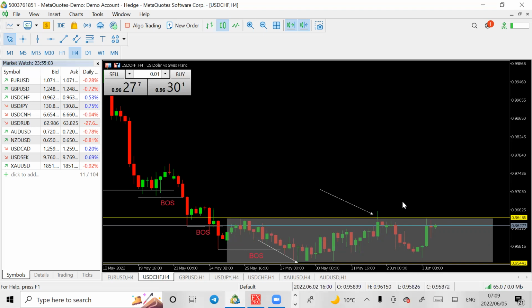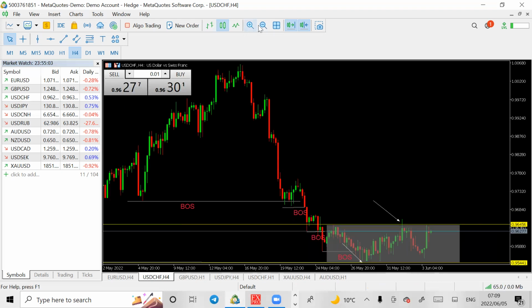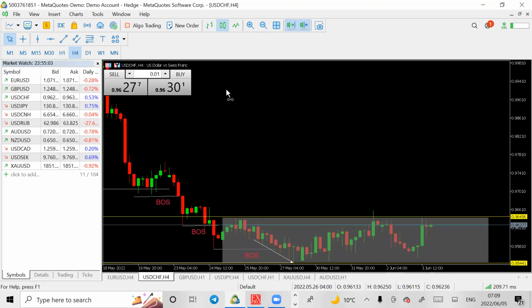My anticipation here, I can either buy or sell, but for the buy, it has to take off and close above the resistance. I don't want to sell in a range. I don't want to take trades in this range. I would wait a week or maybe 2 days for it to break out of this range. If it goes up through the resistance, I'll take it for a buy.